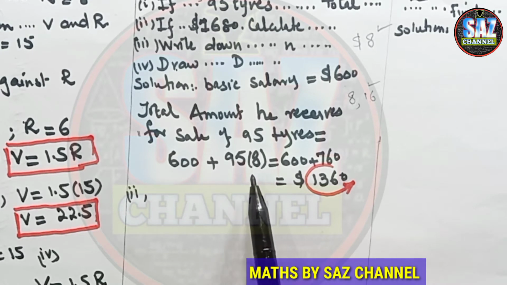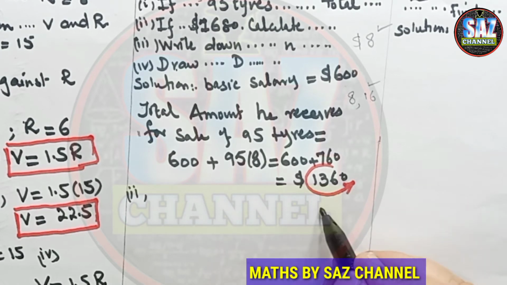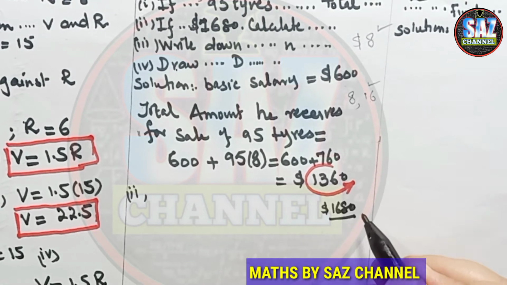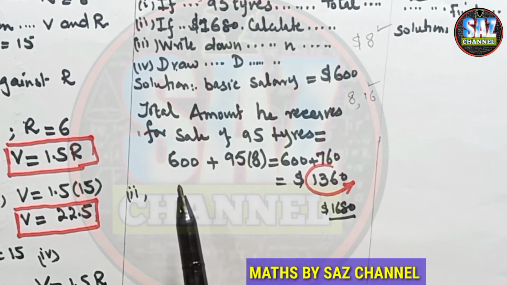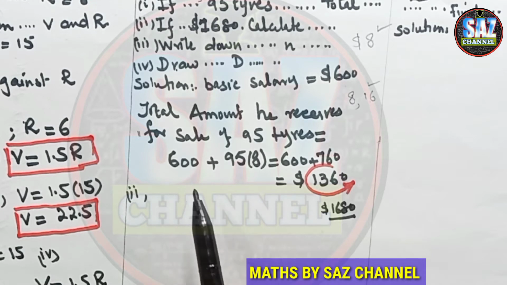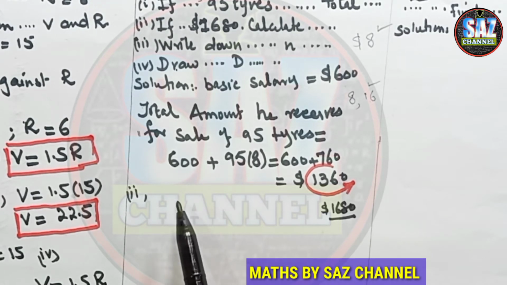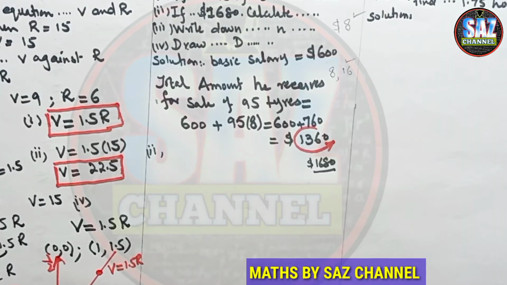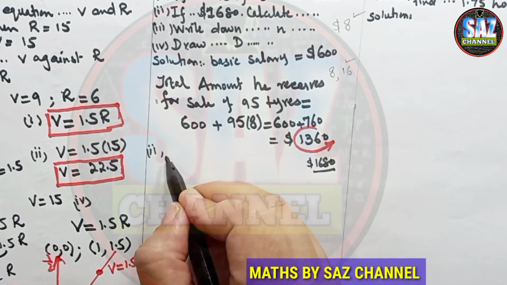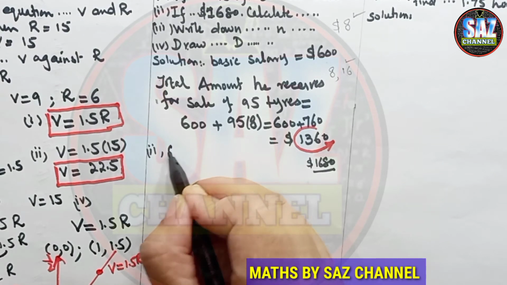Now he is getting $1680, and in these $1680 he has this fixed amount as well. So in order to get the number of tires he's selling in that month, we first have to take away the fixed amount.